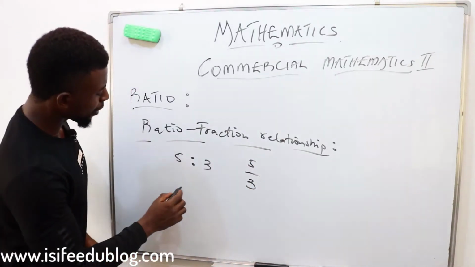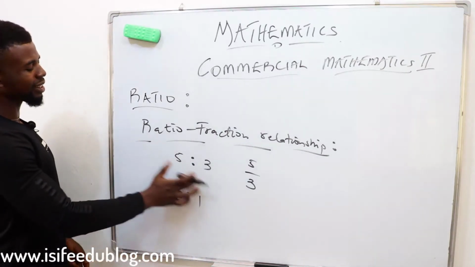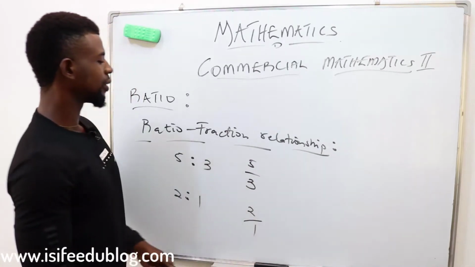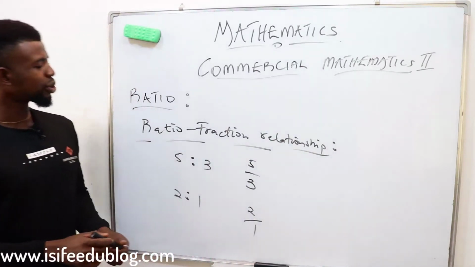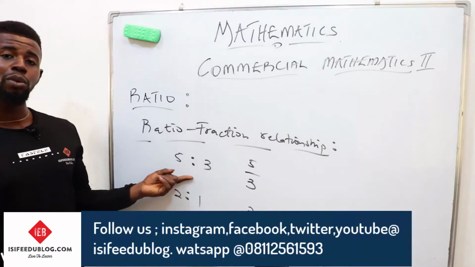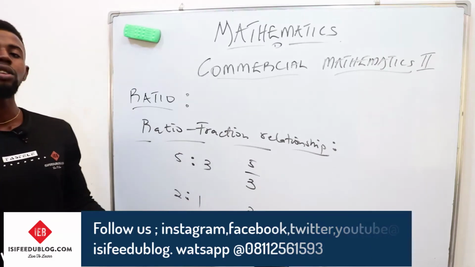And if I have 2 is to 1, I can relate this in fractional form as 2 all over 1. So this is how we can relate our ratios and fractions. This means I can convert from ratio to fraction, and I can convert from fraction back to ratio.